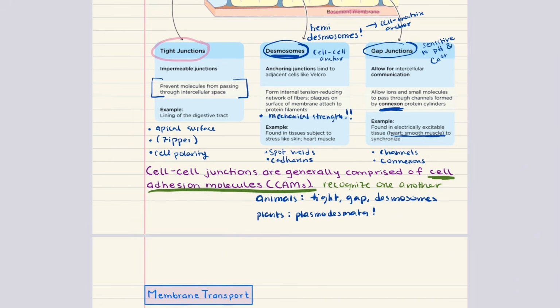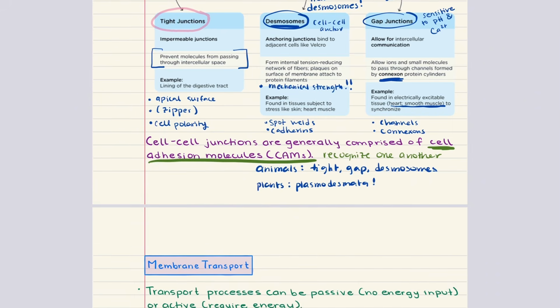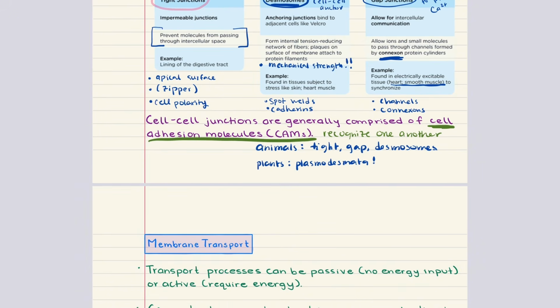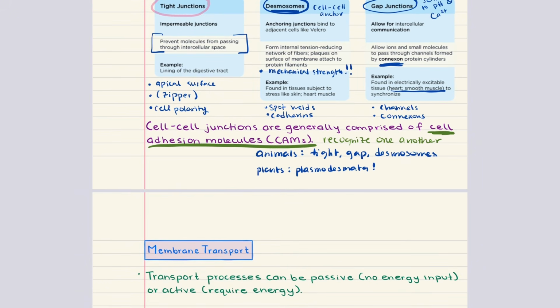CAMs can also guide cells to their correct positions during growth and repair. In addition, they influence how cells mature into their specialized roles, a process known as differentiation. By regulating how cells attach and communicate, CAMs have a major influence on how tissues develop and function over time.